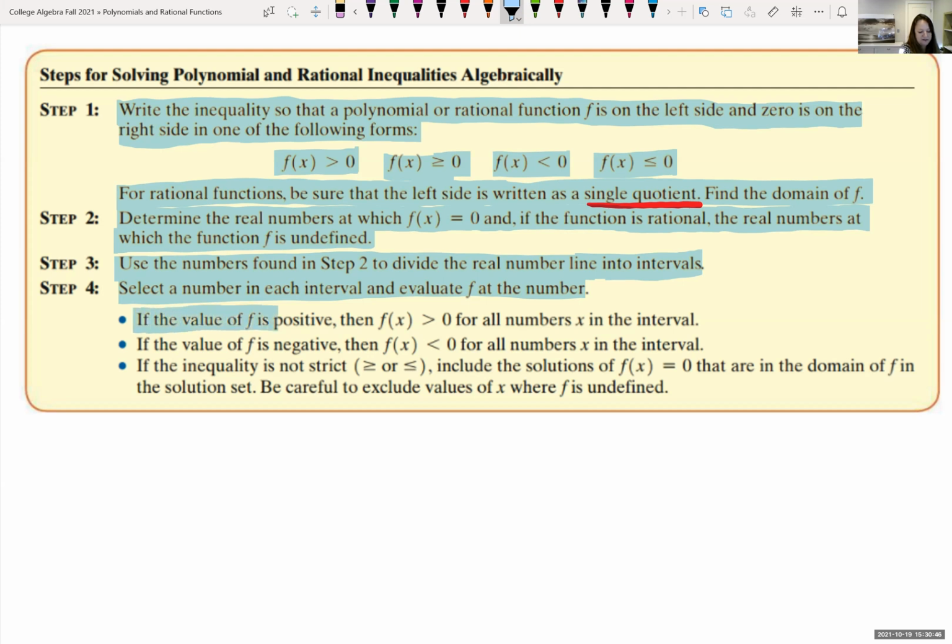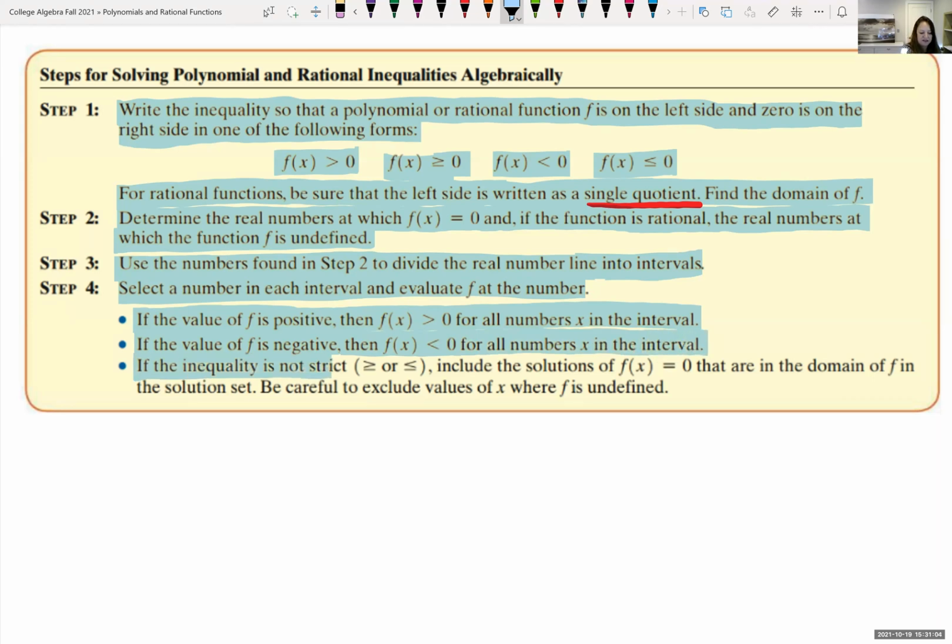So if the value of f is positive, then f of x is greater than 0 for all numbers x in that interval. If the value of f is negative when we plug in a test point, then our y value is less than 0 for all of the x values in that interval.